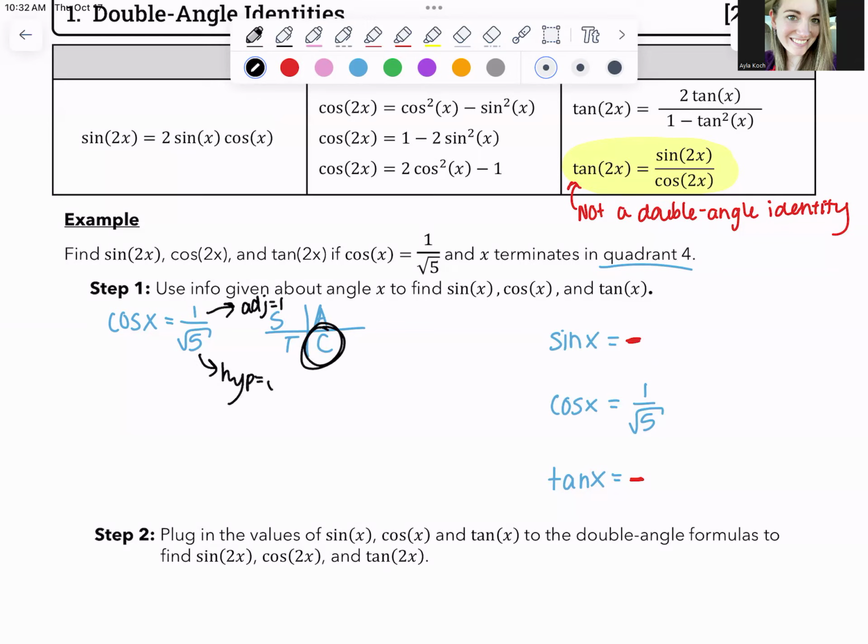Hypotenuse is square root 5. Normally, I would have you draw a triangle. But listen, the opposite side is just a leg on a right triangle, right? And we know that a leg is equal to the square root of c squared minus b squared, where c squared is the hypotenuse squared and b squared is the other leg squared. So the opposite side is going to be equal to the square root of the hypotenuse squared, so the square root of 5 squared minus 1 squared.